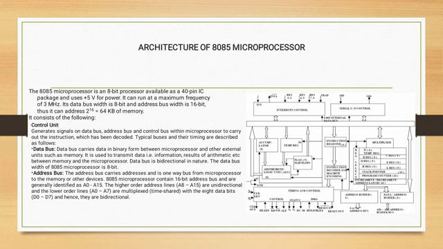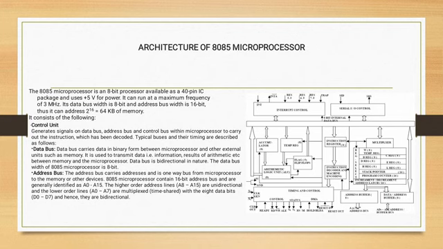Similarly, D and E will be the DE register pair. Another one is the HL register pair. Register pair means the combination of two 8-bit registers. These are the valid register pairs: BC, DE and HL.